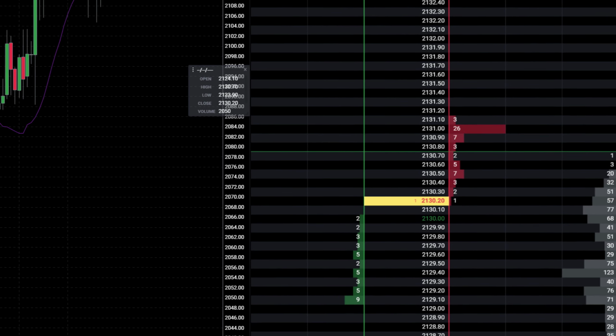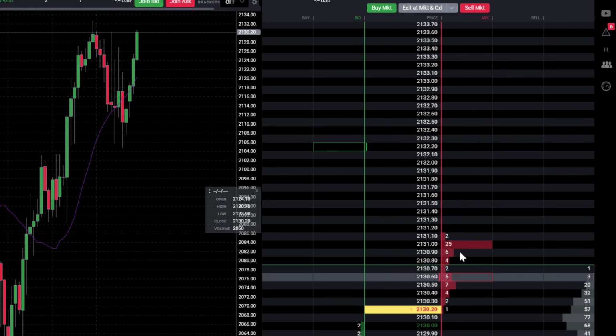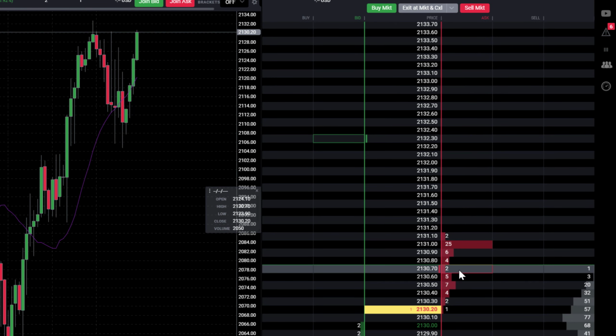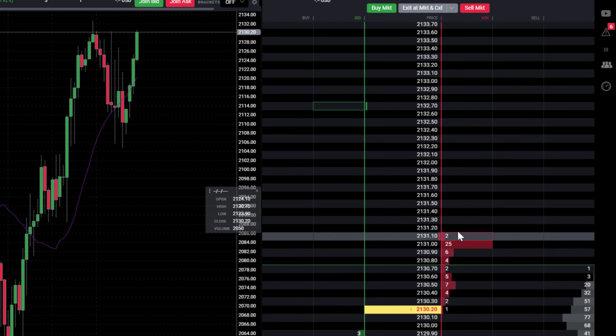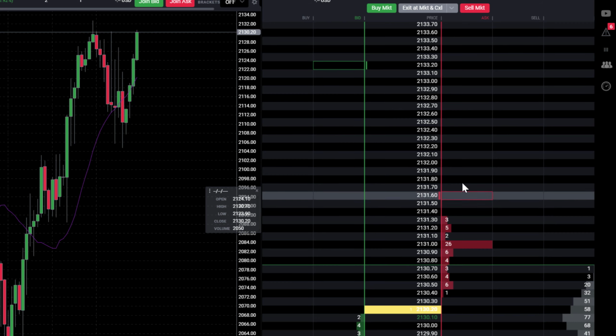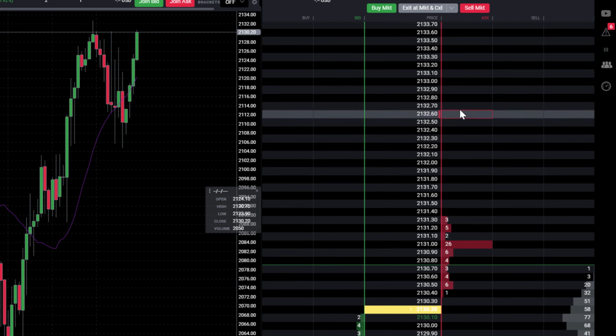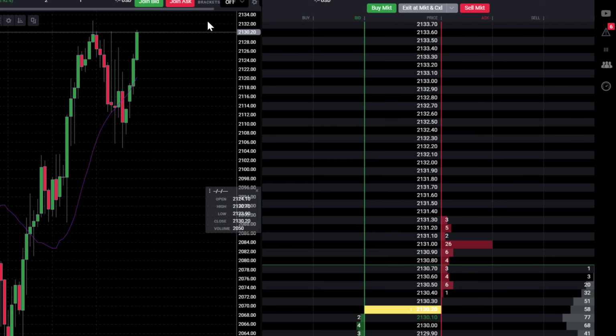So where I would like to enter, I would probably like to enter at around 2133, which gives price the opportunity to run stops above this session high at 2130.70. Look to take some liquidity here in and around 2130.80 to 2132, and if we get to around 2132.90, I would be very happy to enter there.